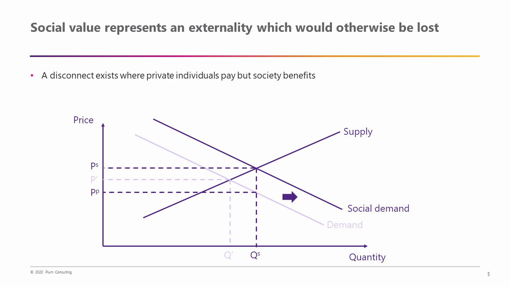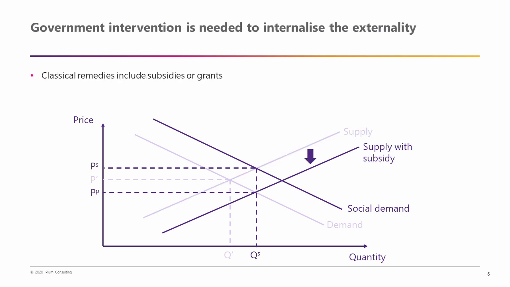So what can we do about that? In general, you would look at shifting the supply curve, giving incentives to suppliers to reduce their prices or increase output. You want to intervene in the market, so you internalize the externality, meaning the equilibrium that is reached takes into account the added value to society.